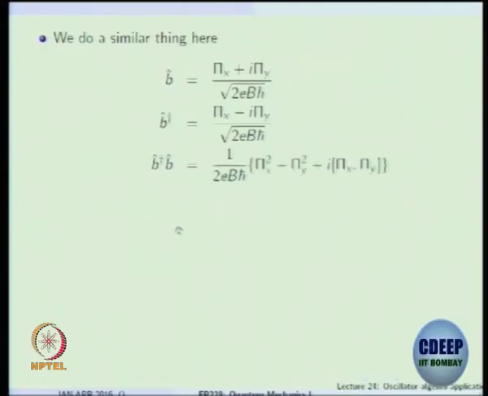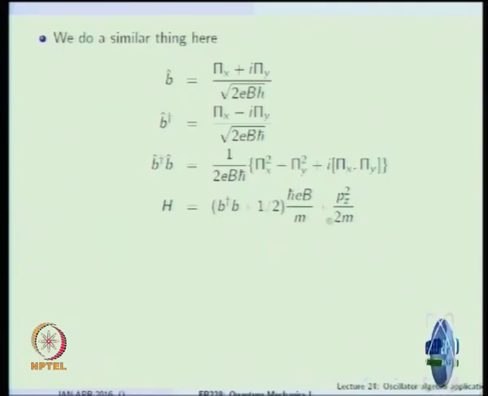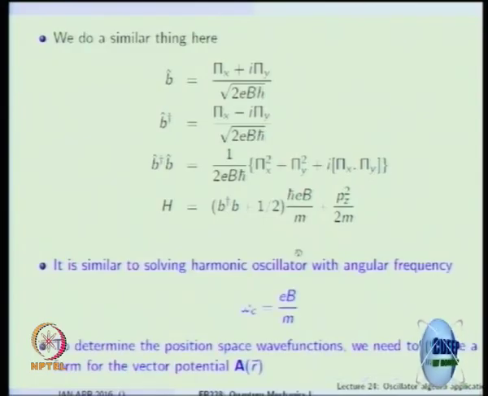It turns out to be, please verify this, but we need in the Hamiltonian pi x squared plus pi y squared. So you can take this term to the left hand side and try to rewrite your Hamiltonian, and the rewritten Hamiltonian is exactly similar to what you would have seen in a harmonic oscillator, with B dagger B like the number operator, and the frequency omega is eB by m, which is your familiar cyclotron frequency.